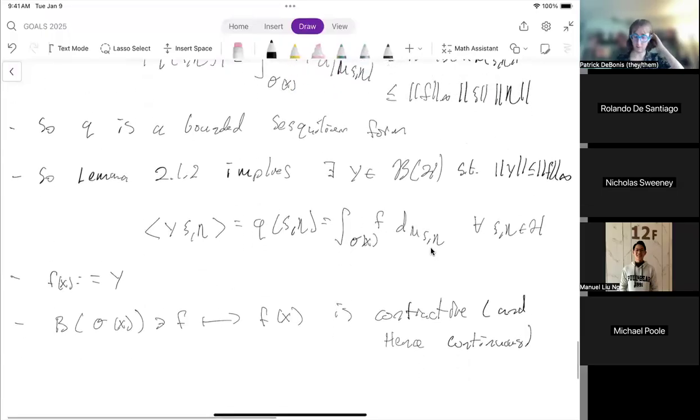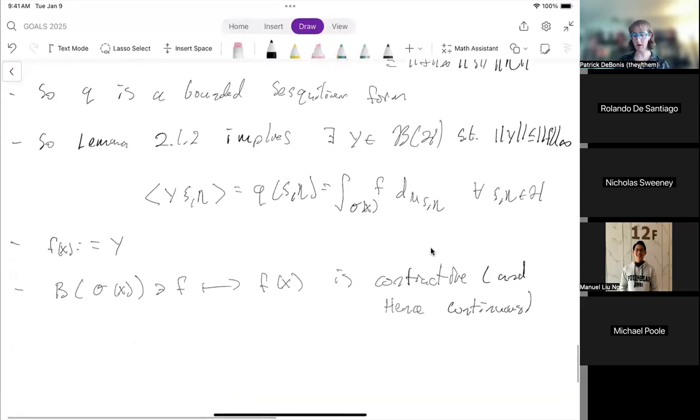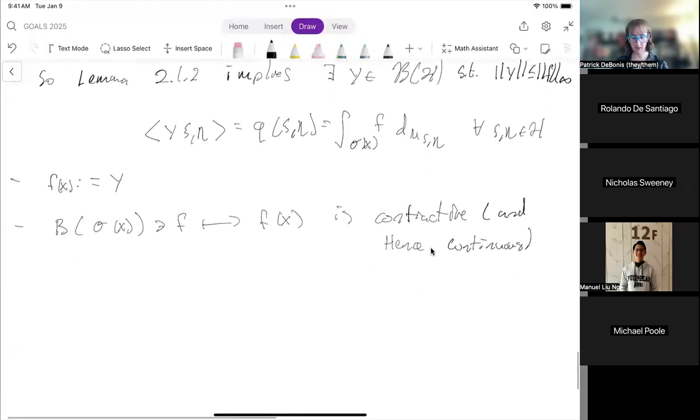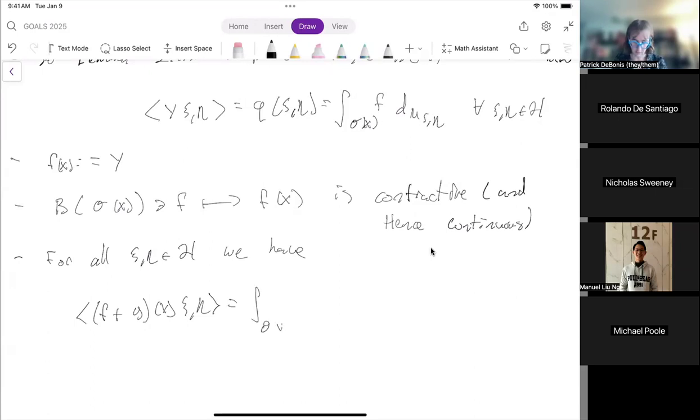Then the next thing we want to do is show that it satisfies the star algebra properties on the operator side of things. So we can check that for addition. For all vectors, addition on the operator side, which is done in the inner product, becomes integration of these Borel functions on the spectrum against this measure.